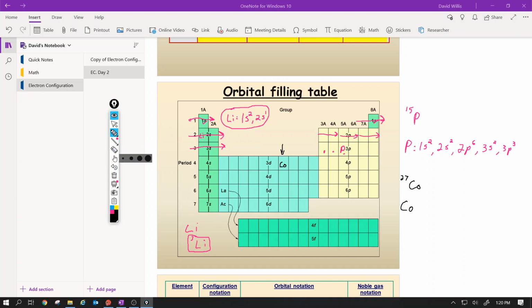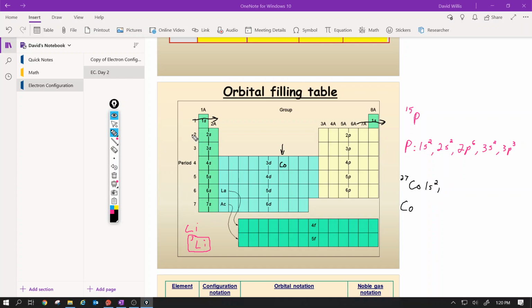Again, I'm going to erase some of that. I'm going to keep this, but erase the pink arrows so that I can get my other arrows in there. So, 1s2. What's next? Somebody not Jacob? We filled up 1s, it's done.